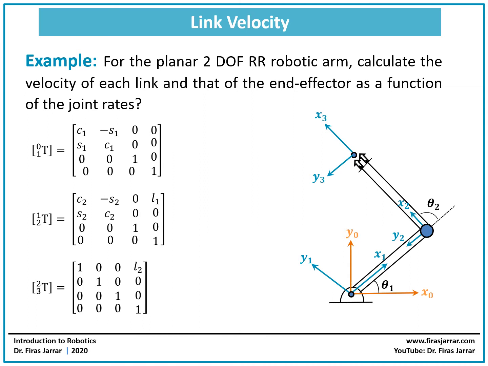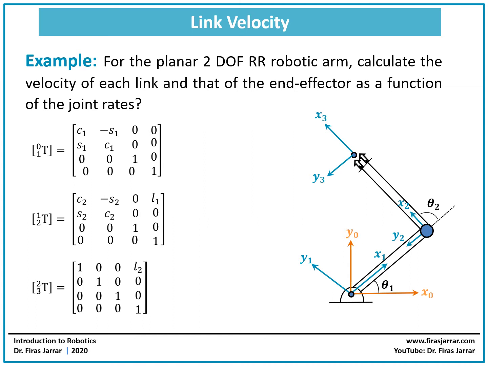We have frame 2, with the x-axis of frame 2, x2, pointing along link 2, and it rotates with it. And finally, we have frame 3, which is attached to the end effector. We have no joint here, so we have intentionally assigned frame 3 to be parallel to frame 2.